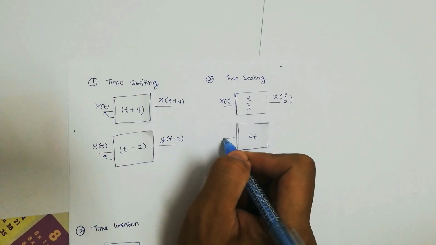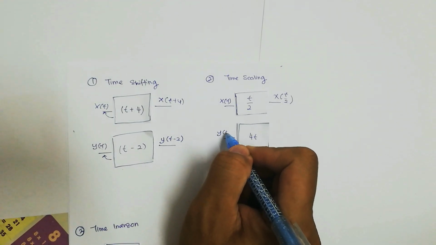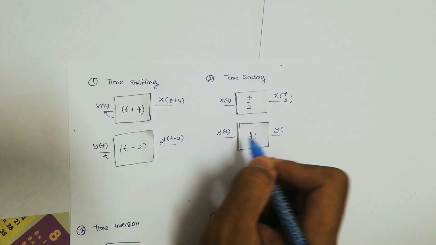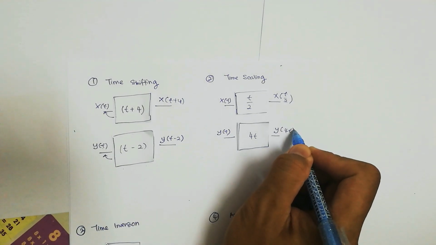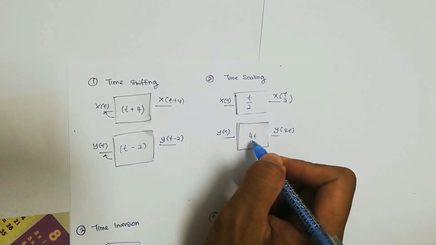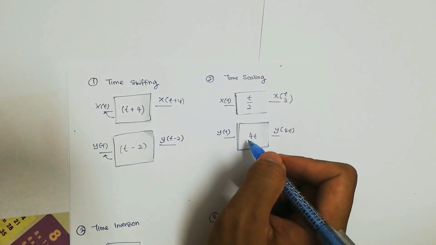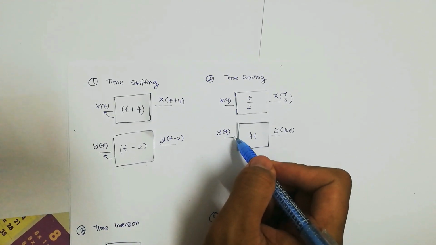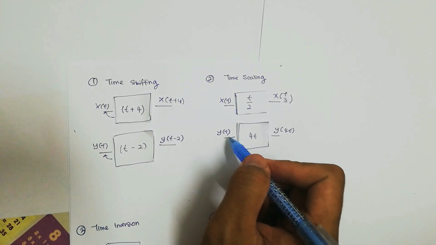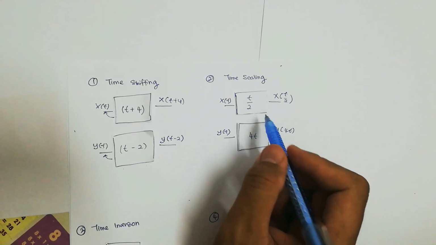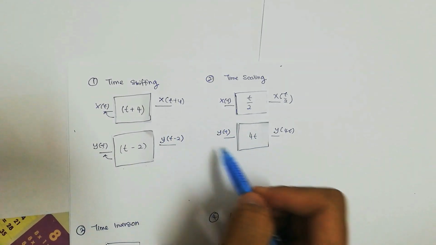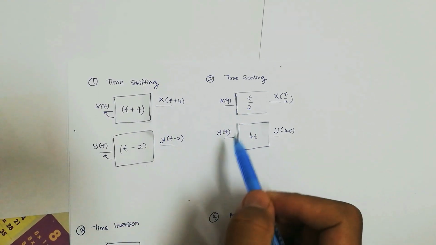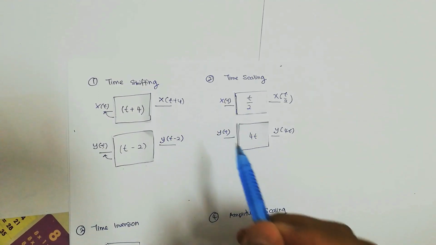If you have y(t) here, your output will become y(4t), where you need to replace t with 4t. It's very important to know how to write the input and output relationship for each of these systems, because this transformation is related to time.